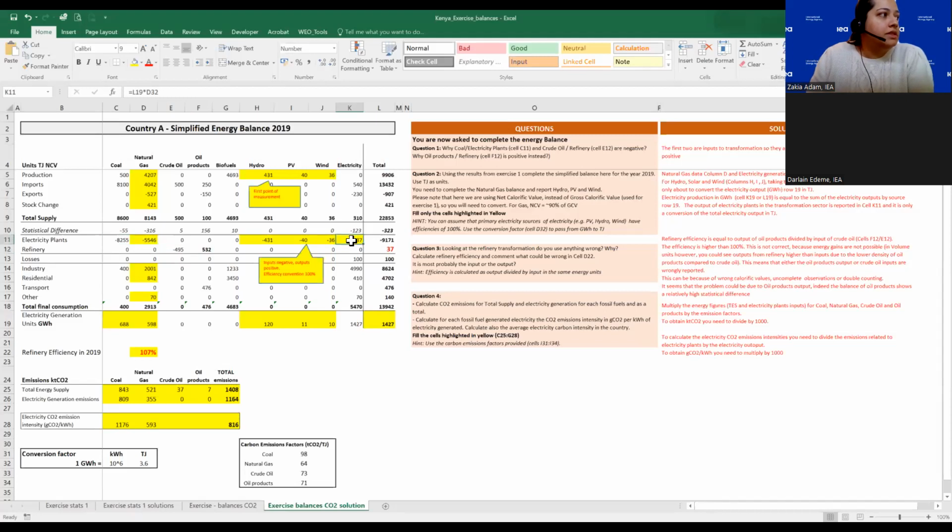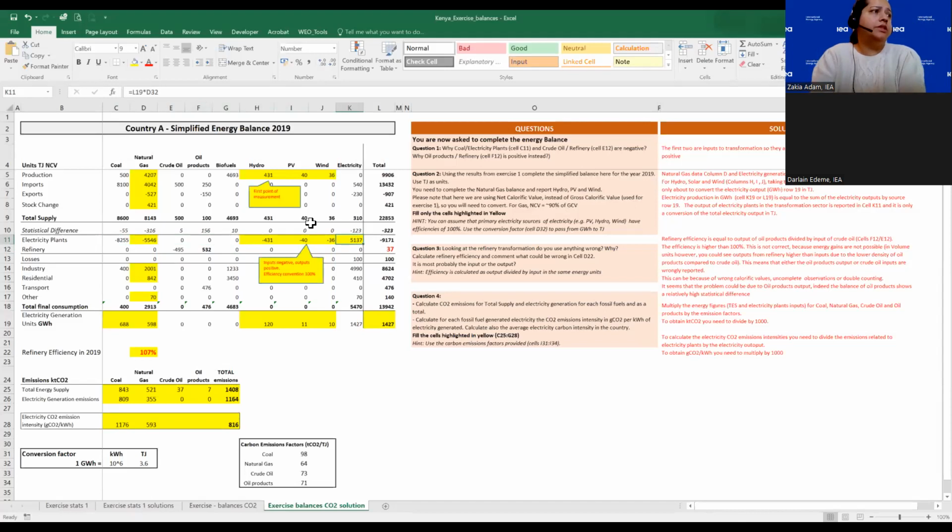For the electricity produced from the different fuels, you have coal, natural gas, hydro, wind, PV used to produce electricity. So these inputs are negative and your electricity output is positive.